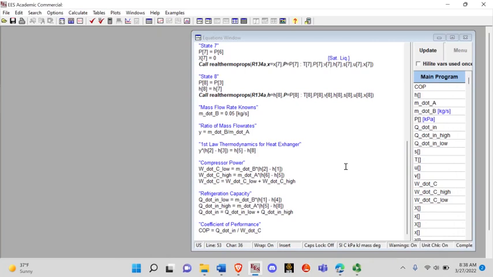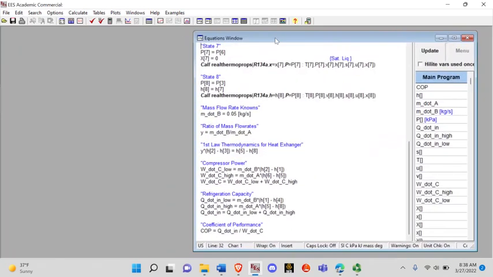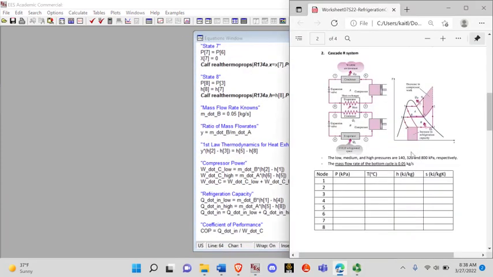Now we can try to replicate the TS diagram. If we look at the sheet, we see that it's going to go from 1 to 2, 2 to 3, 3 to 4. But then it's going to go from 4 to 5 here, which isn't correct.